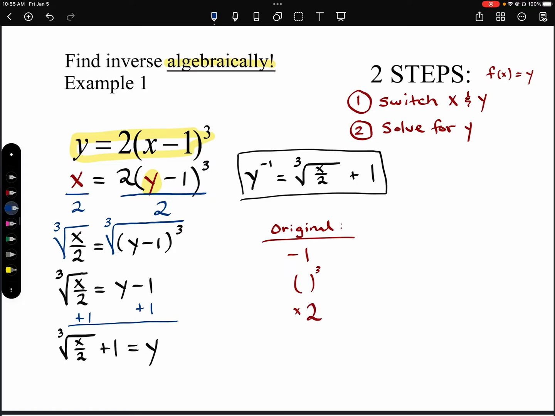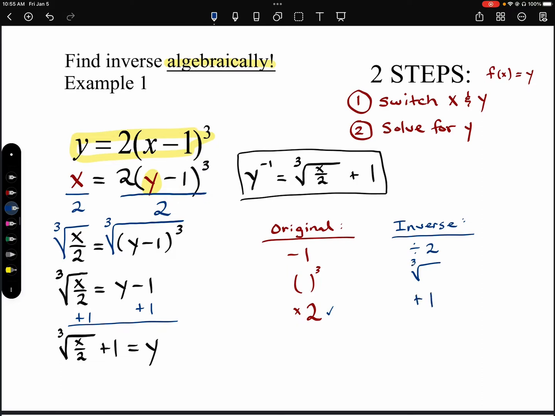When you think about the inverse steps, what we did here is we're going to undo this one first. So this would be divided by 2. Then we would do the cube root, and then we would add 1.